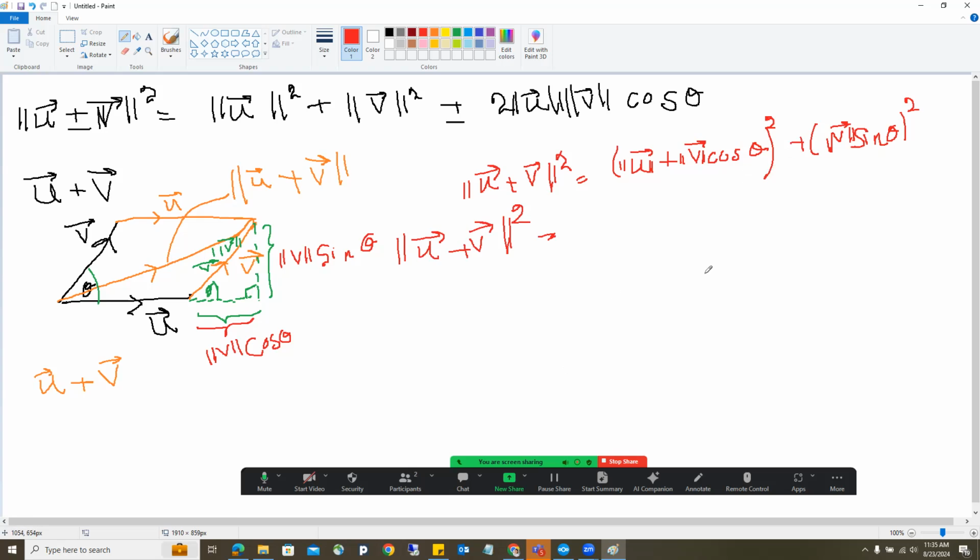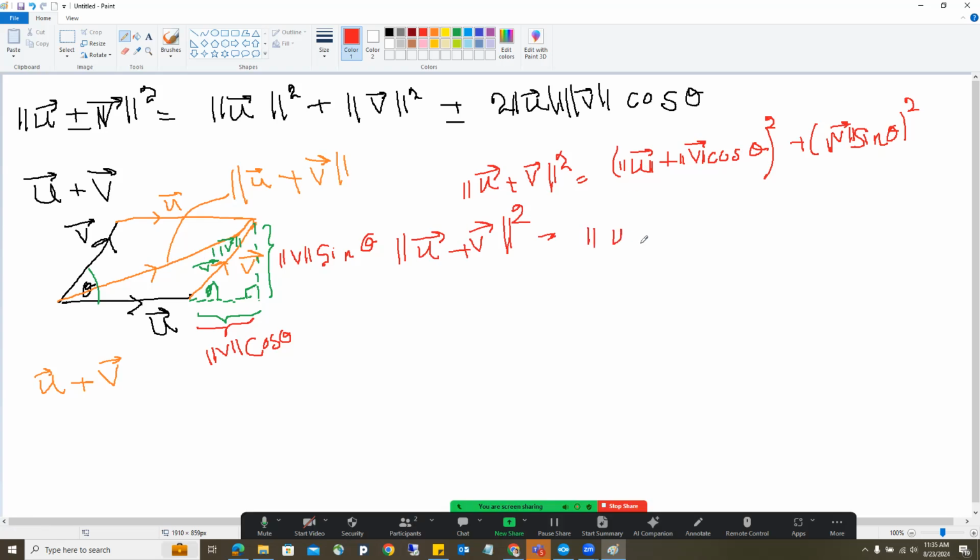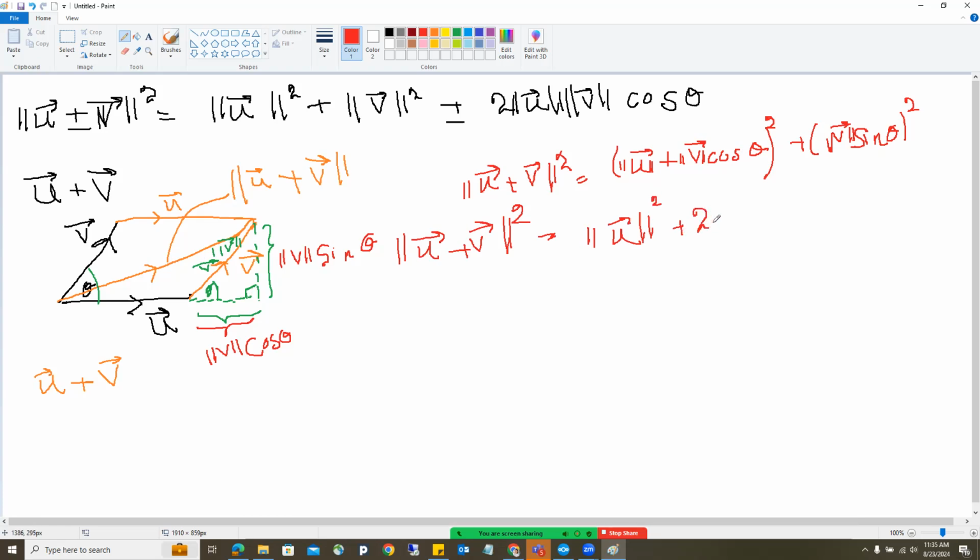If I simplify the right side, here we have magnitude of u squared plus 2 times magnitude of u into magnitude of v into cos theta plus magnitude of v squared cos squared theta plus magnitude of v sin theta squared. Is it clear what I did?